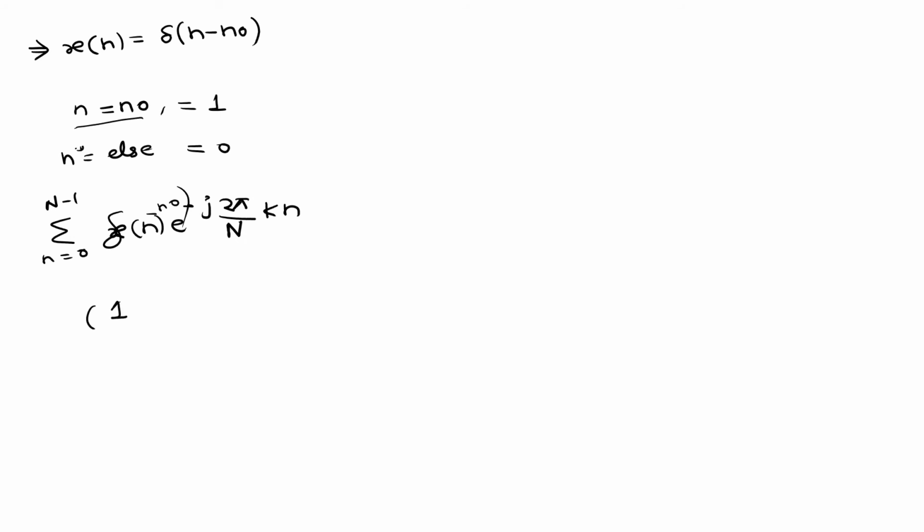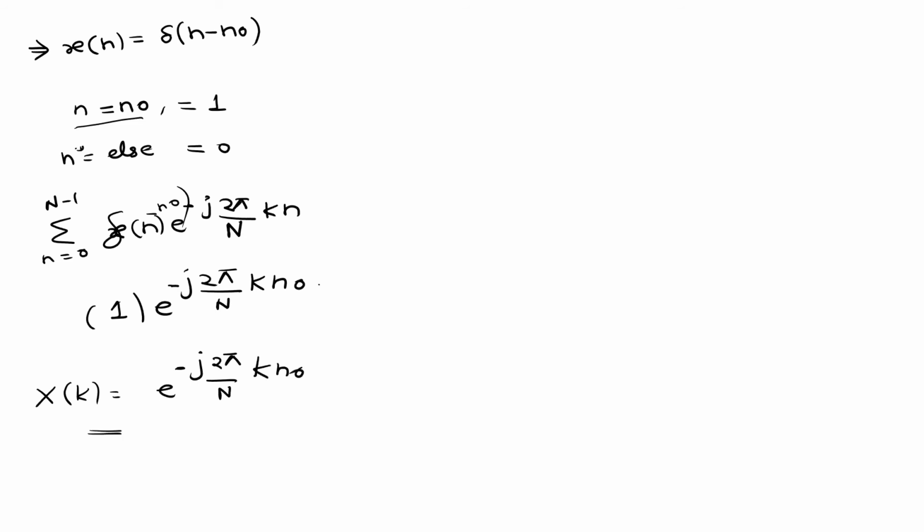So that will become 1 e power minus j 2 pi by N k n naught. Fine. So X of k equal to e power minus j 2 pi by N k n naught. So this is the thing.